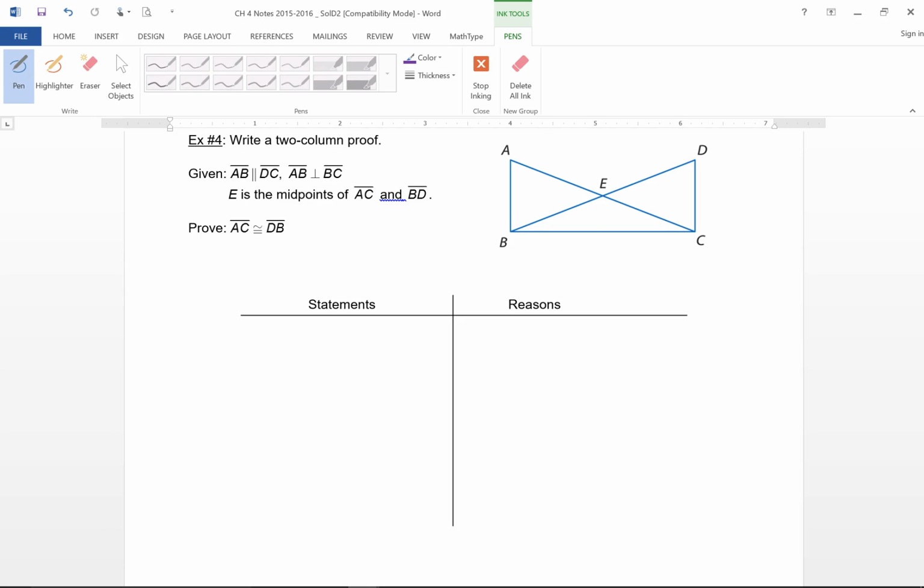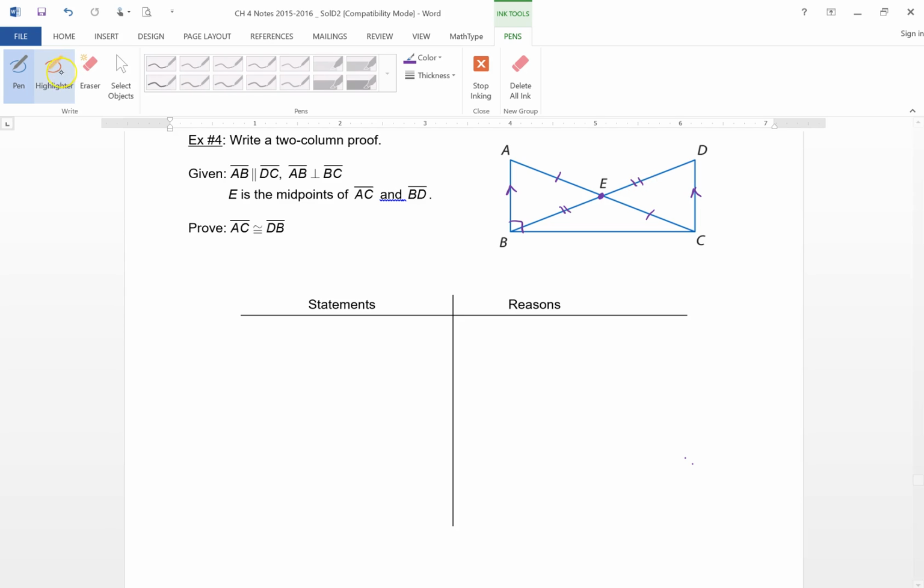All right, so let's see. We have AB parallel to DC, and we have AB perpendicular to BC. And we have that E is the midpoint of AC and BD. So these parts are congruent. These parts are congruent.